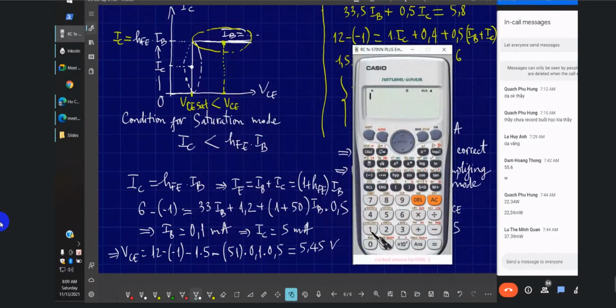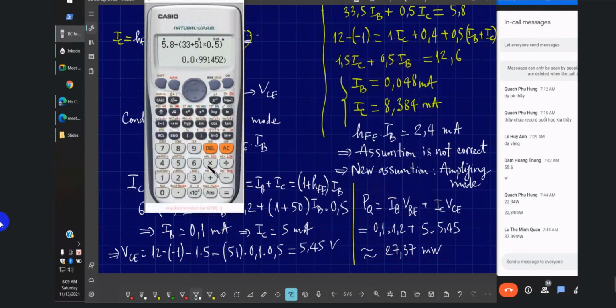So let me put in the exact value. 1.9 divided by 33 plus 51 multiplied with 0.5, and then I multiplied with 1.2 plus, multiplied with the VCE.